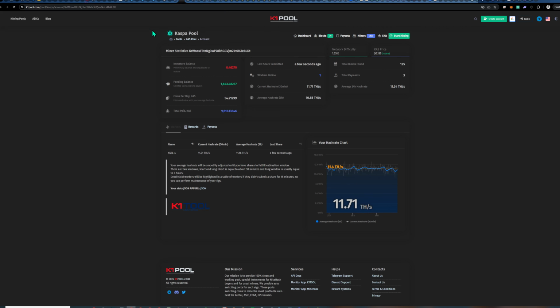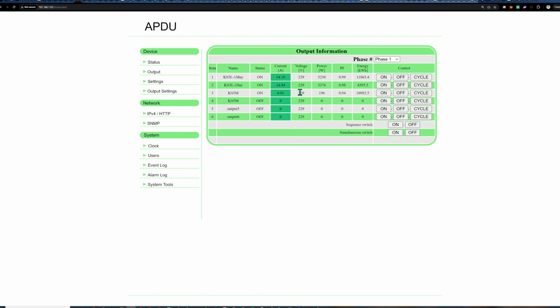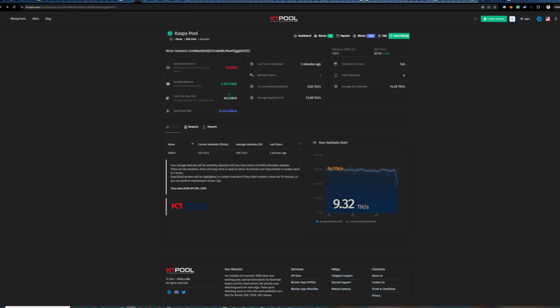So really not sure what's the deal there, if it's just degradation of the miner. This miner did not start fully yet, so for the KS5M I don't have the data.